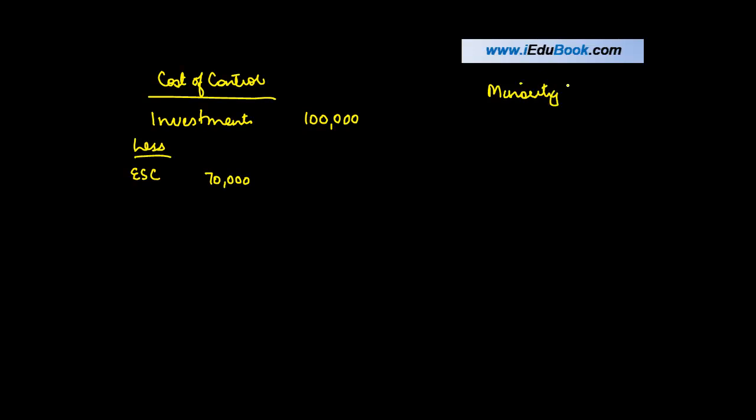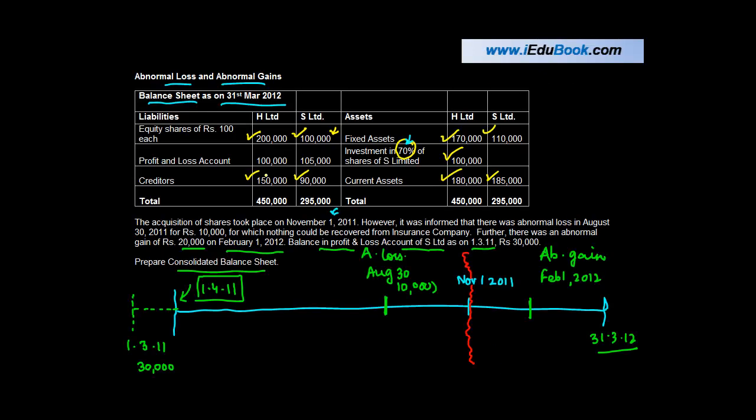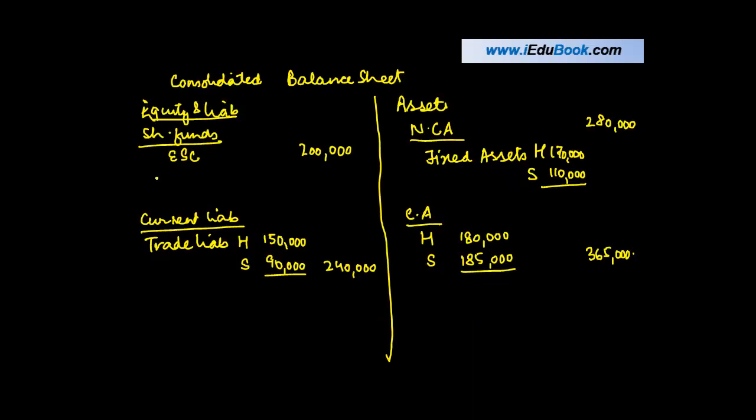So when we do the calculation of minority interest, equity share capital 30,000. Then profit and loss account 1 lakh for H Limited. Again, in shareholders' fund only you have reserves and surplus.